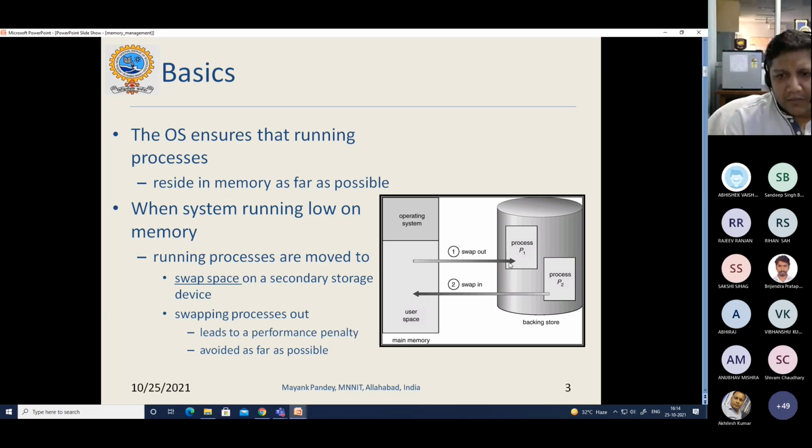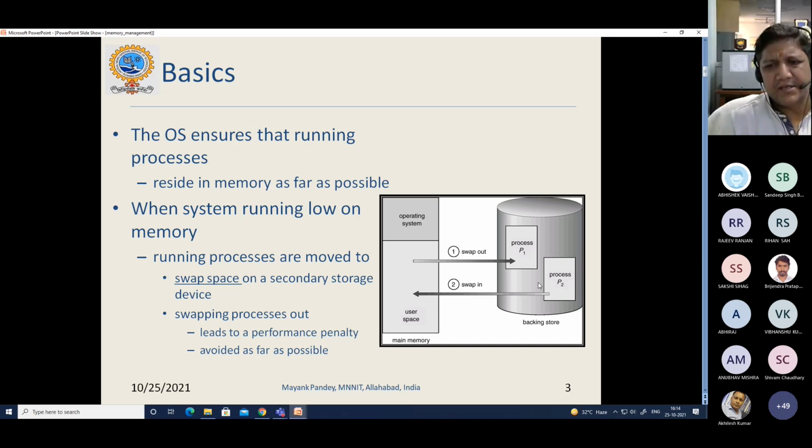This keeps on happening, swapping in and swapping out, because your main memory size is always smaller than your secondary storage. With the virtue of virtual memory, you provide an illusion that you have lots of RAM and very large processes can be executed. But in reality, that is not the case.